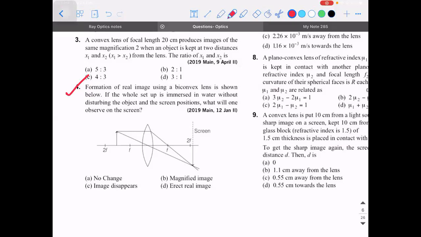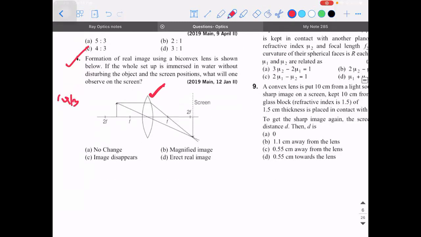So what will happen? You need to calculate the focal length of this lens in air medium and the focal length of the same lens in water medium. Water's refractive index is 4/3.